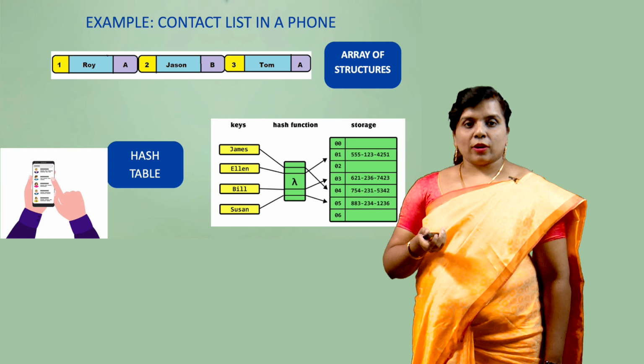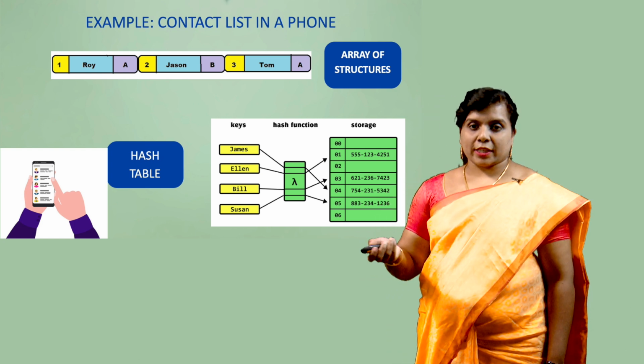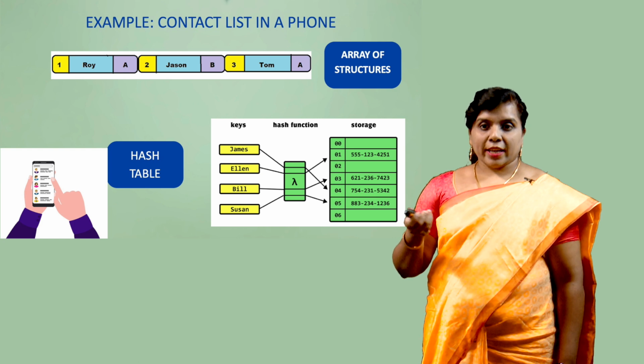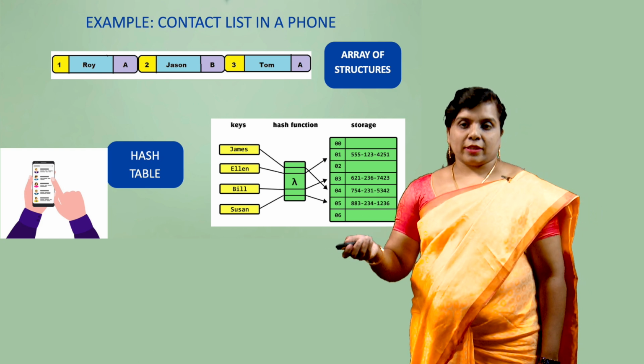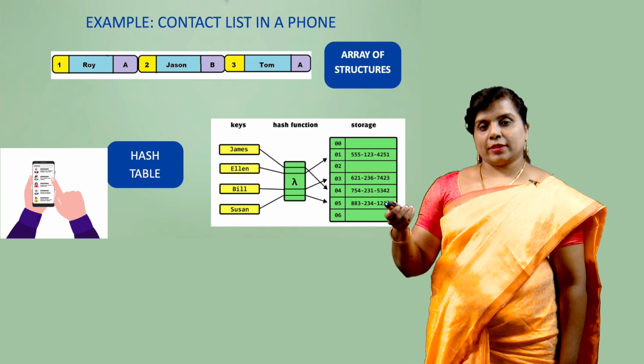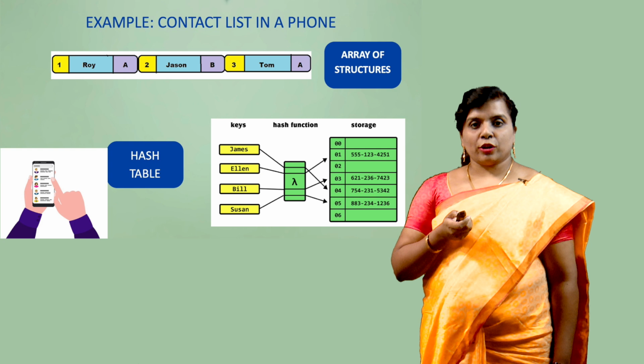So, in this example you could organize the contact list in the form of an array of structures. If it is an array, then we have to allocate memory in a consecutive manner. So, all the contacts in this contact list will be arranged one after the other, that is what you see.